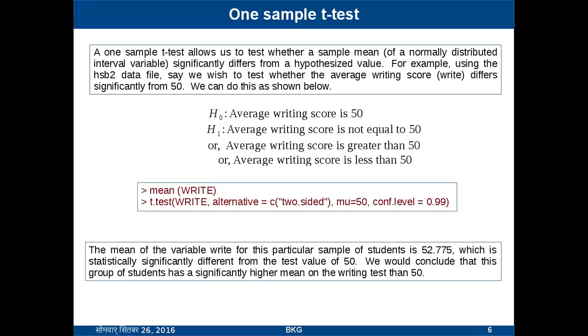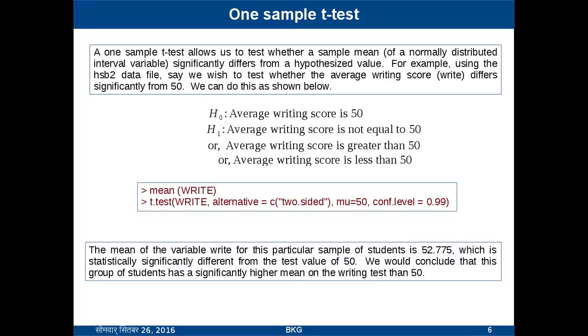Now first we start with one sample t-test. A one sample t-test allows us to test whether a sample mean of a normally distributed interval variable significantly differs from a hypothesized value.